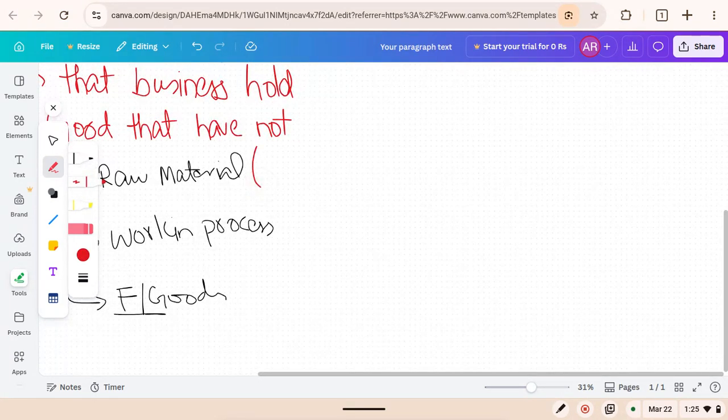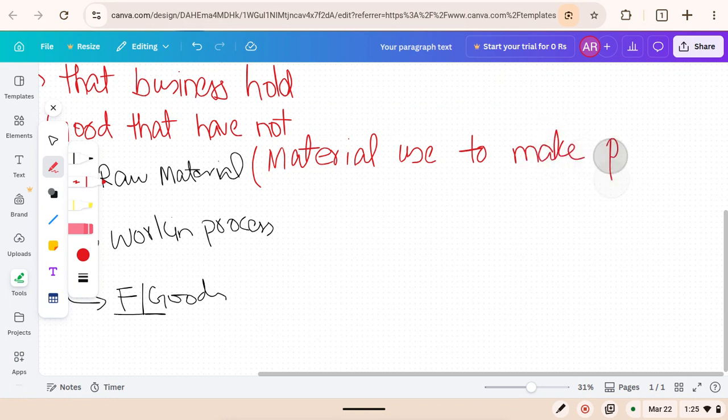Raw material means material used to make a product, the material which we use in a factory to make the product. This is raw material. Work in process means a half-made product.